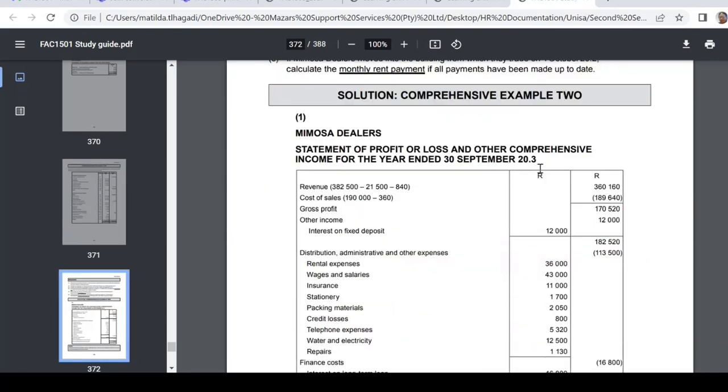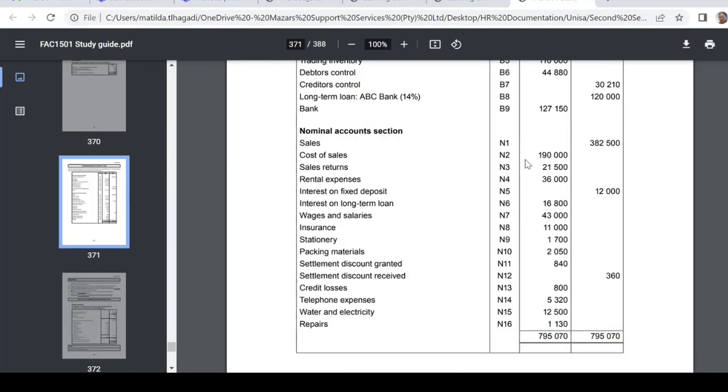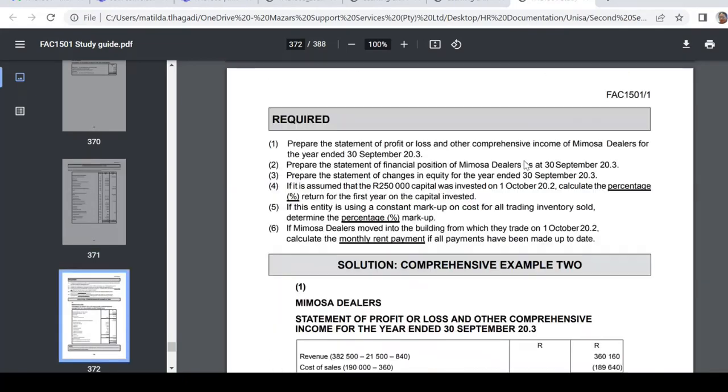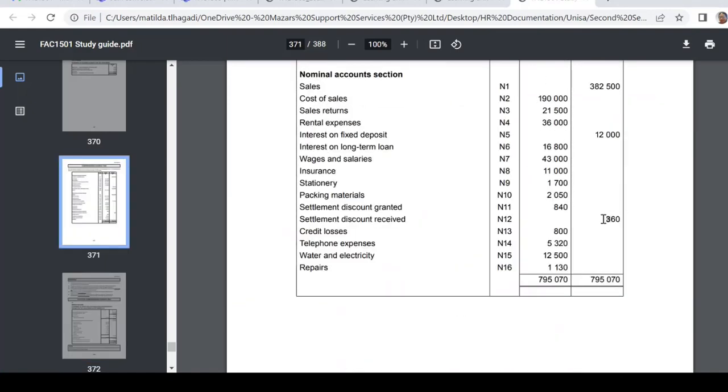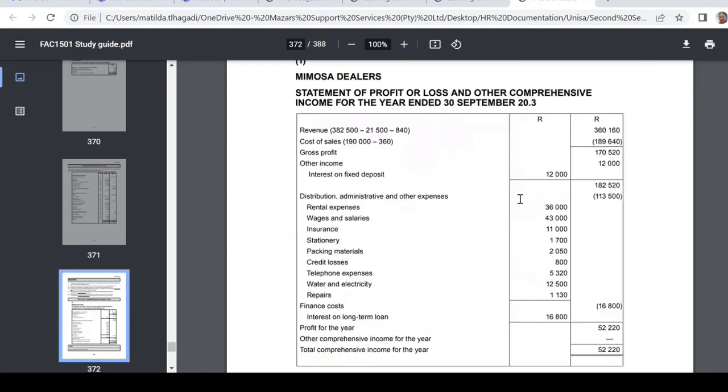Can you see? Then they got to the sales, and then cost of sales is 190,360, minus the settlement discount received. And then we go to the gross profit.